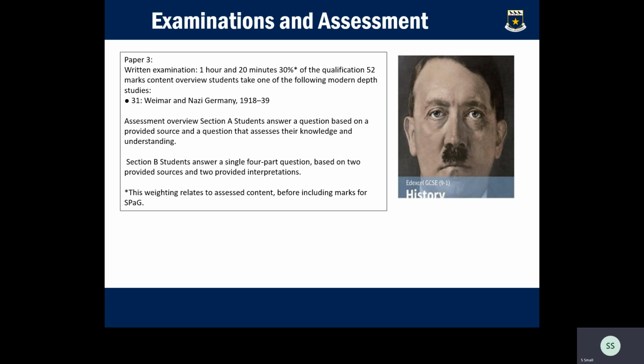Section A will be based on the primary sources, ranking their utility against your own contextual knowledge, and a 12-marker cause and causation question. Section B is all based around 2 interpretations, which are provided in the exam paper. This is where you will assess the validity of these historians' opinions, and you will have to explain which historian you agree with the most and why.